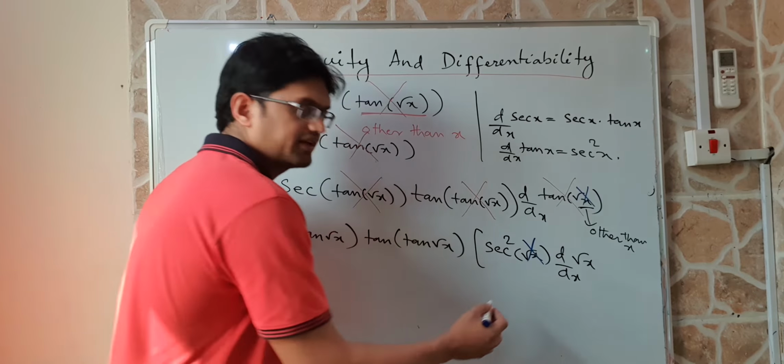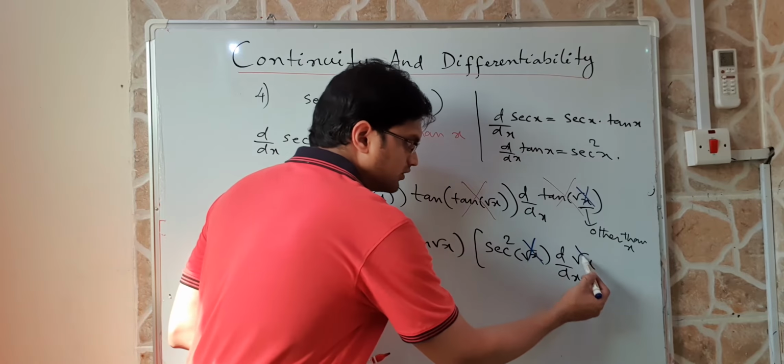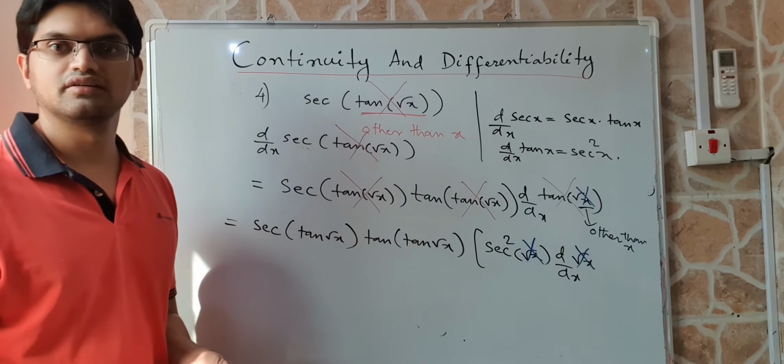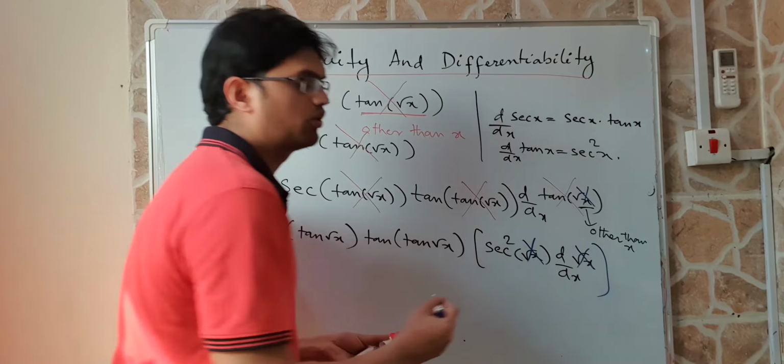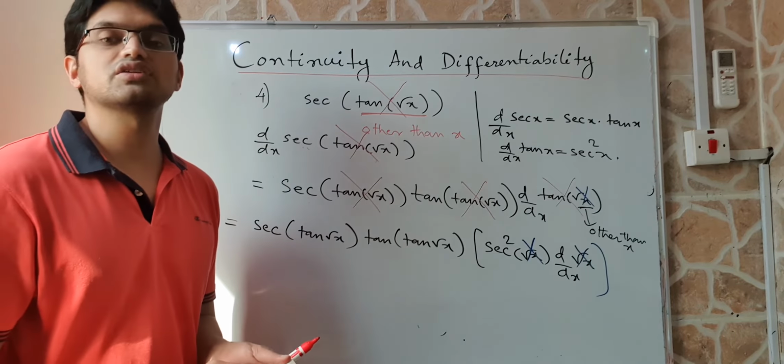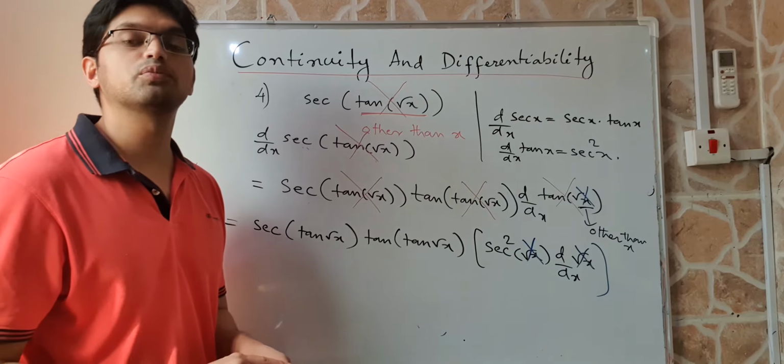Here also other than x, angle. This is also other than x, angle. So what is it that we got? You see, at this step you got the direct function root x. So till then you have to proceed.